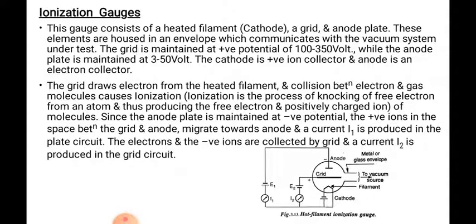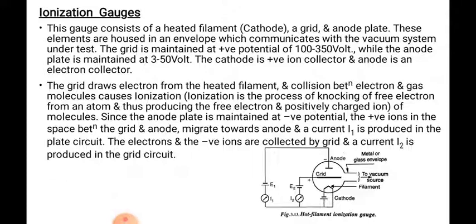The grid generates the current I2, and in the anode circuit the current I1 will be produced. As gas is used in the enclosure, different ions and electrons are emitted within that gas envelope. In this way we can use the ionization gauge for pressure measurement.